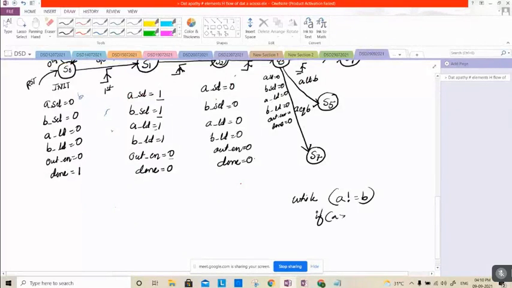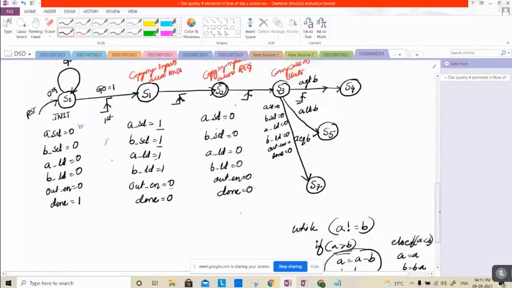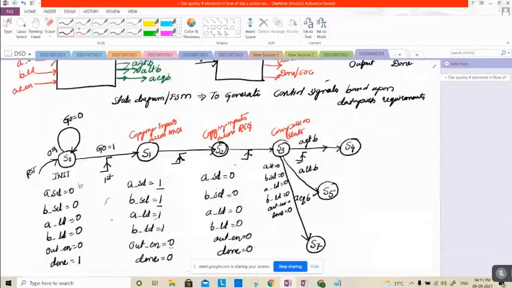If A is greater than B, the new value of A is A minus B, and the new value of B remains B. Else if A is less than B, A is equal to A, B is equal to B minus A. Whenever it is A greater than B, this particular operation should be performed. A value must be equal to A minus B.